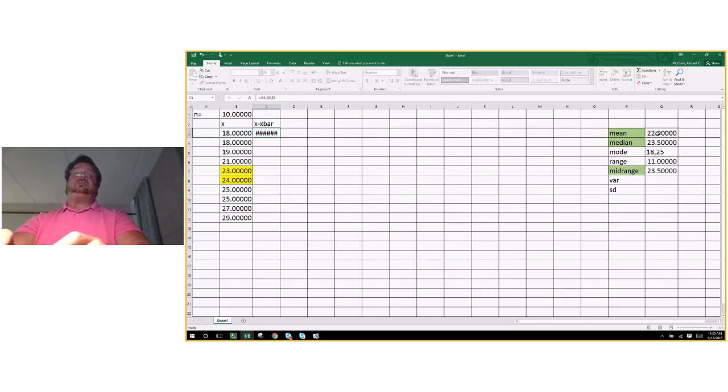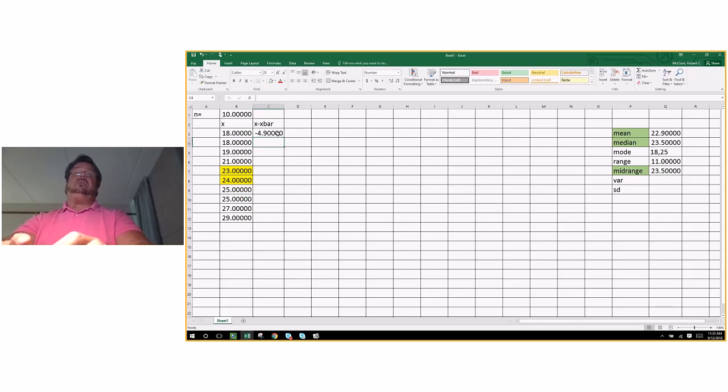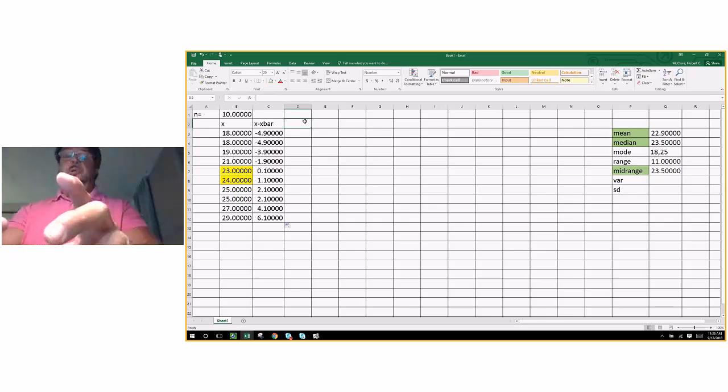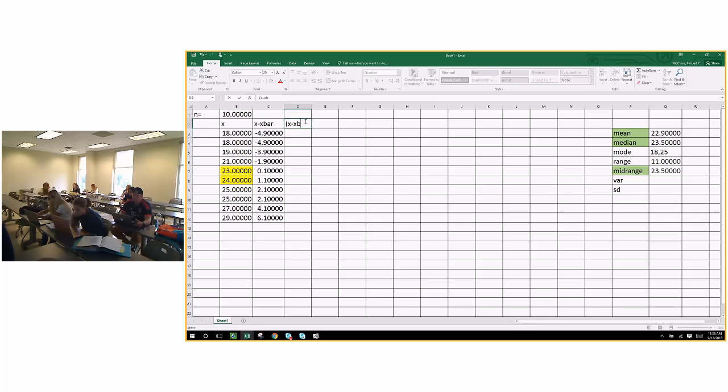Those that know Excel, you know what I did that for. Those that don't know it, you don't need to worry about it. And there's my numbers. And the formula says the x minus x bar quantity squared. Now I'm going to take x minus x bar.